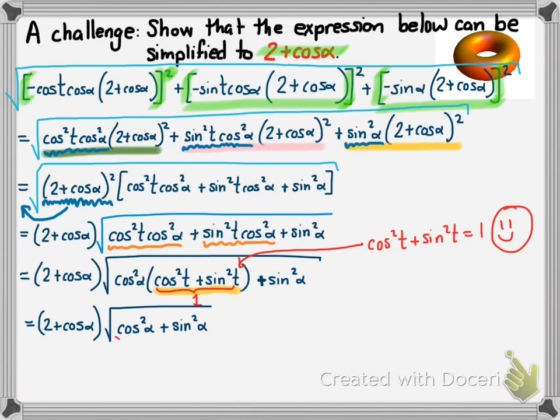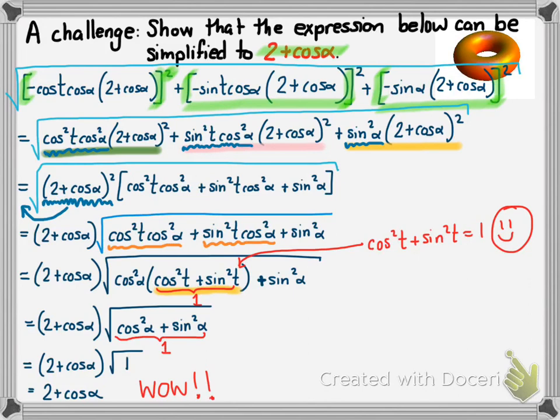Cosine squared alpha plus sine squared alpha is 1. So we have 2 plus cosine of alpha times the square root of 1, which guess what? Square root of 1 is 1, so we are left with 2 plus cosine of alpha. Wow! That entire expression has just simplified down to 2 plus cosine of alpha.